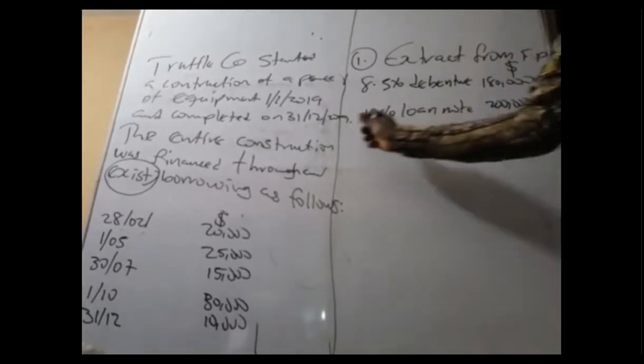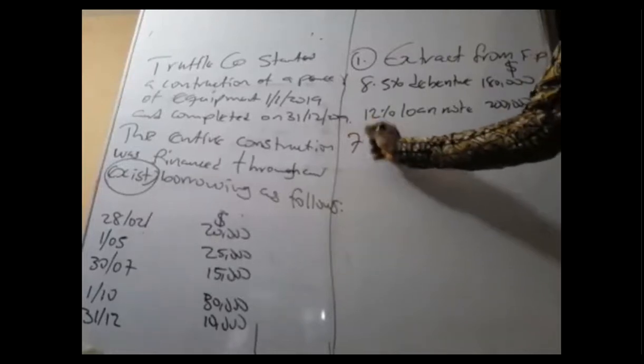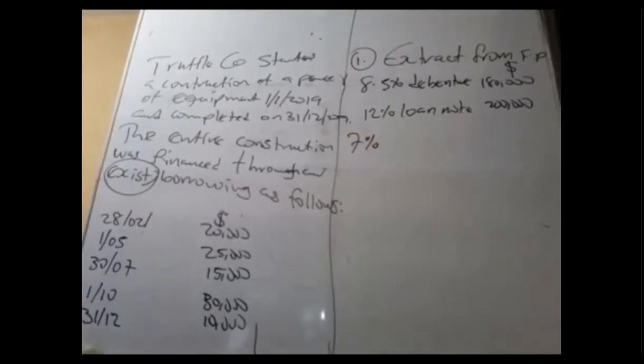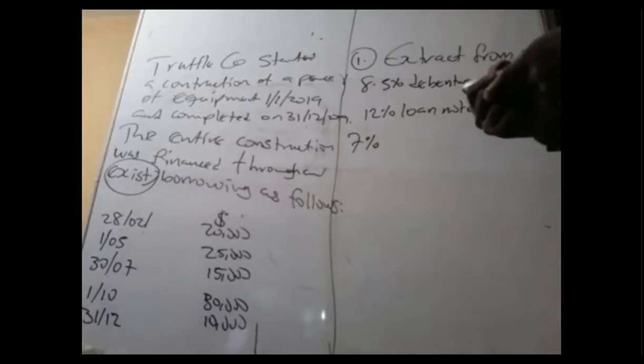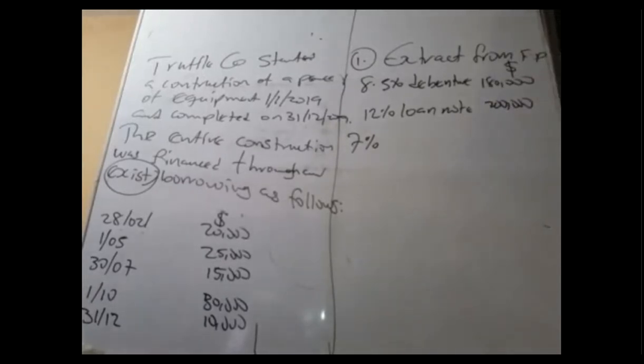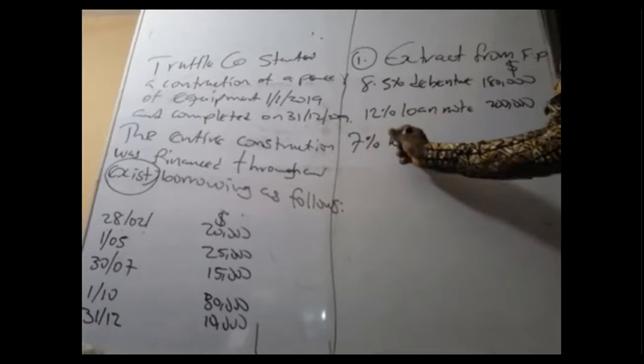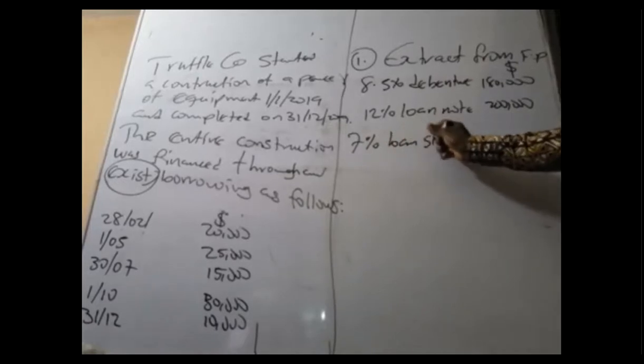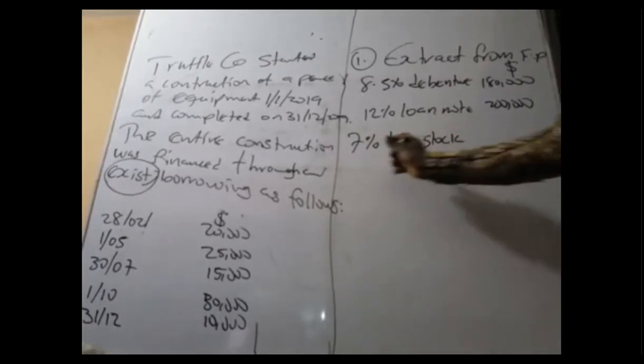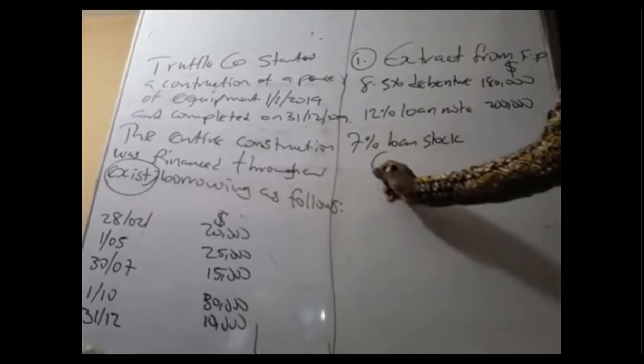Then 7% loan stock. Then they've put in something here into brackets.